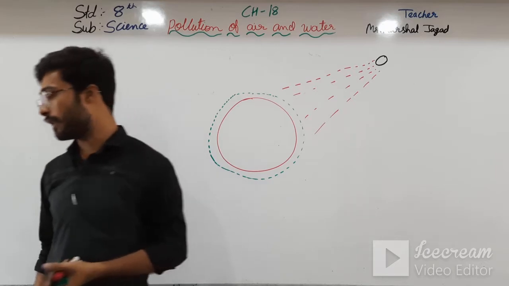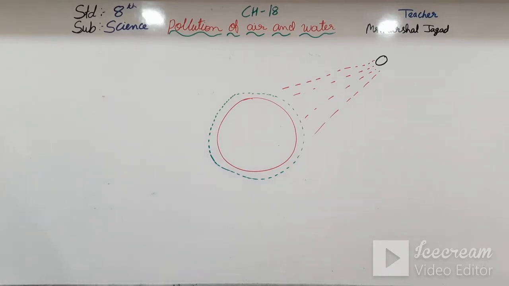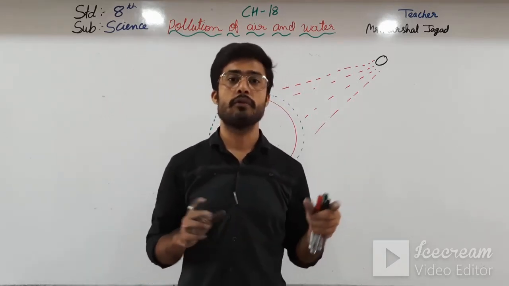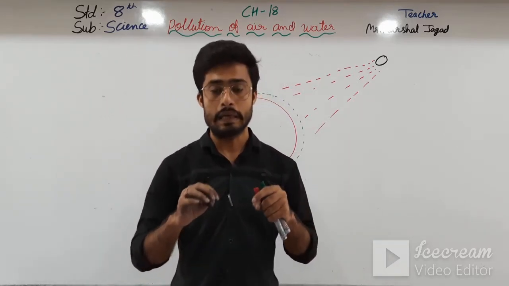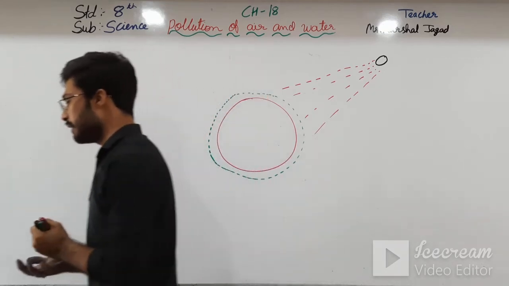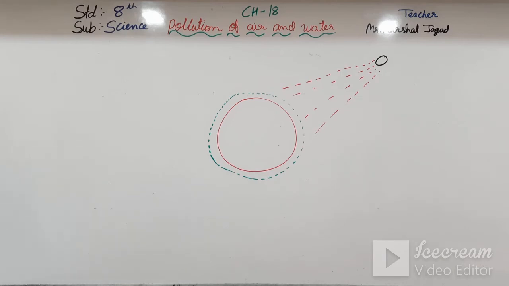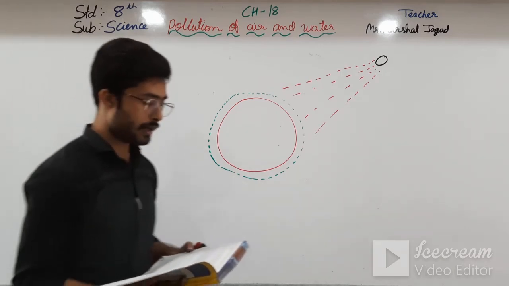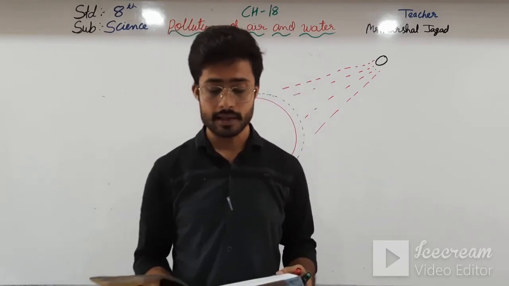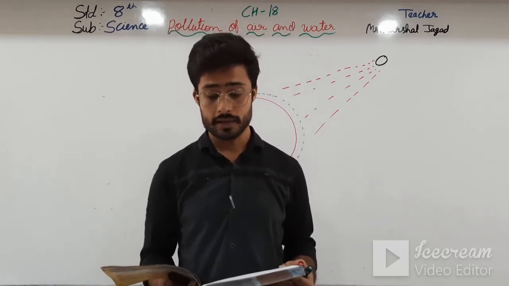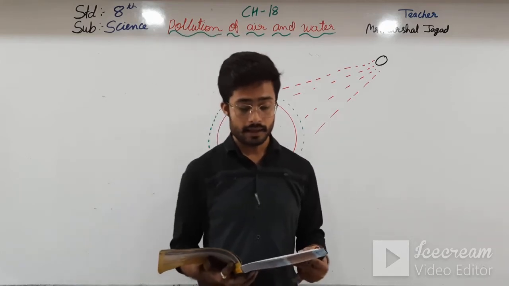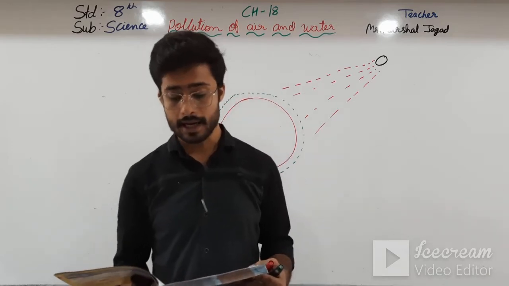Okay students, the next is effects on plants. Due to this air pollution, what are the effects on the plant? Plants show the effect of air pollution in a number of ways, such as leaf damage, slower and stunted growth, reduction in yields, inability to photosynthesize properly and root damage.